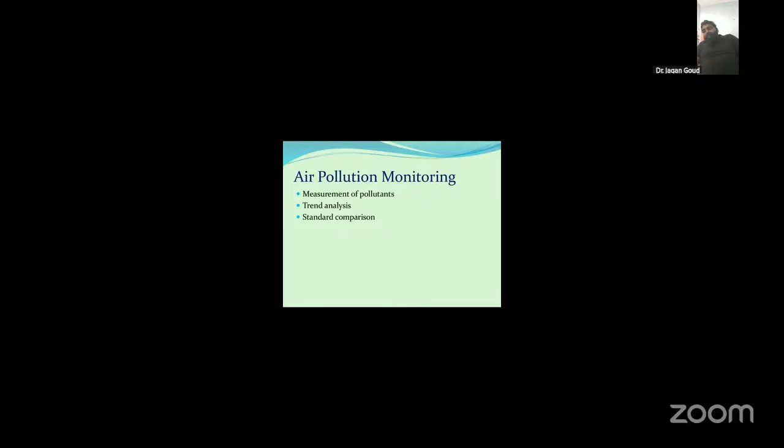Compliance assessment: if concentration is less than or equal to the standard, it is compliant, and if concentration is greater than the standard, it is a non-compliant area. It is used for environmental impact assessment, urban planning, and industrial permitting. Advanced sources of urban exposure assessment: remote sensing is there.